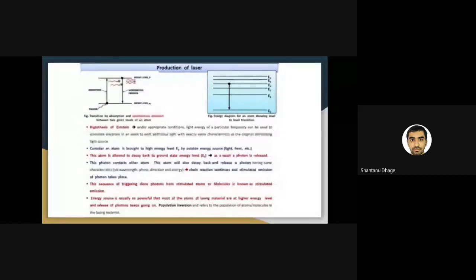Now, when the photons are moving in the laser medium, they go out of the material. Here, as you can see, the mirrors are used.